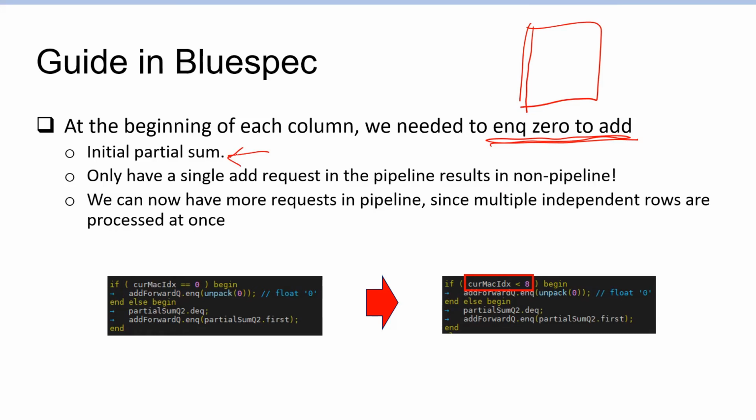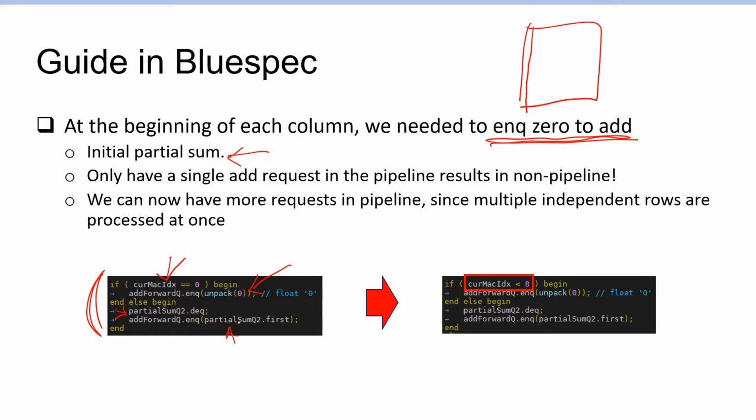So originally, this is what the code looked like for that. If the curmac index is 0, which means when we first started the next column, we input 0. And if not, we take the output from the partial sum queue and then push that into the add operator.